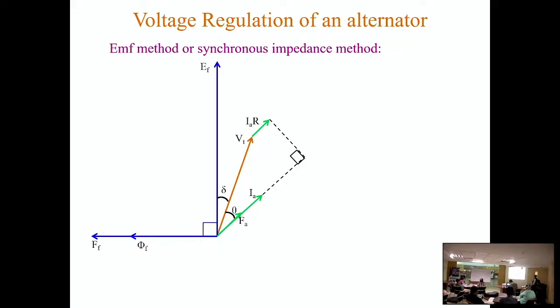the armature reaction MMF, that is FA, will lie along the armature current IA. That will be added to FF because it is a phasor sum, so we can shift this FA parallelly to add with FF, and after that we will get the resultant MMF, which is FR.